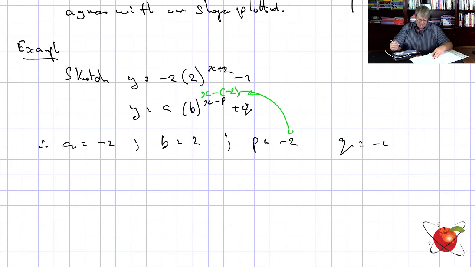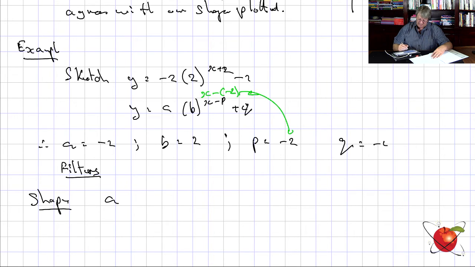Okay. Therefore, now shape, let's just use the filters. This is using the filters. Shape. Okay, shape.